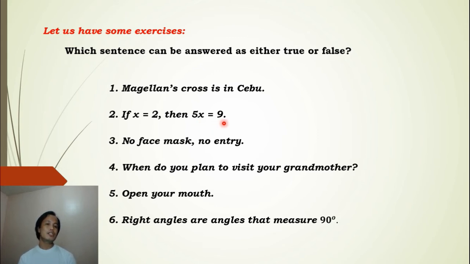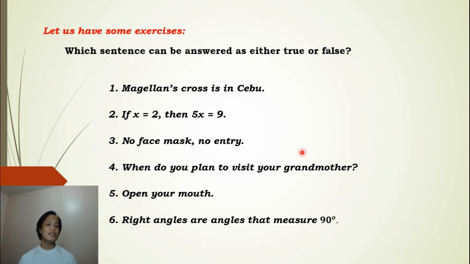And number 6, right angles are angles that measure 90 degrees. So 1, 2, and 6 are examples of statements that are answerable by true or false. While number 3, no face mask, no entry, is more of a command. And of course, number 4 is a question, which is an interrogative sentence.